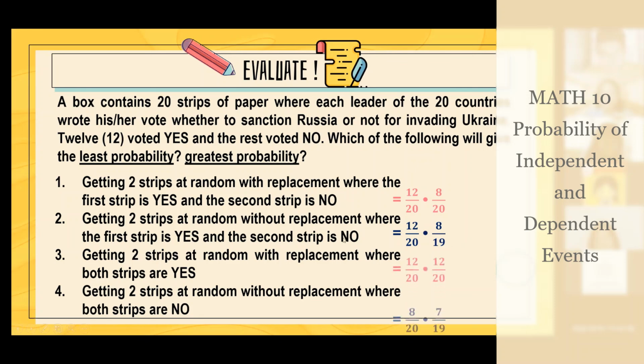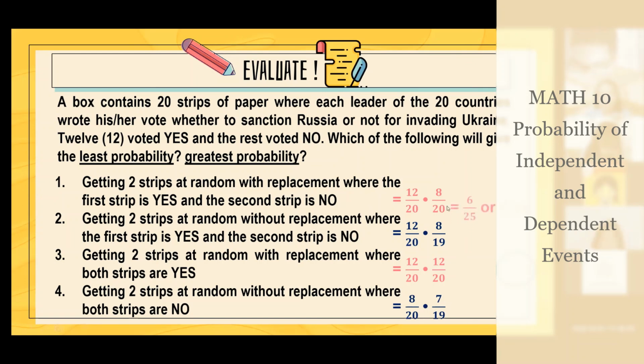Next, number 3, 12 over 20, both yes. You have to get both yes. 12 over 20, since with replacement, the second is not affected. Still 12 over 20. And number 4, it's getting no, but without replacement, so the second one is affected. So 8 over 20, there are 8 no over 20 times, since it's without replacement, minus 1 from 8, minus 1 from 20, so times 7 over 19.